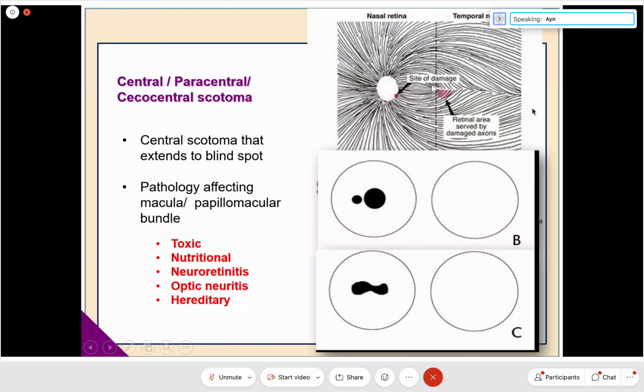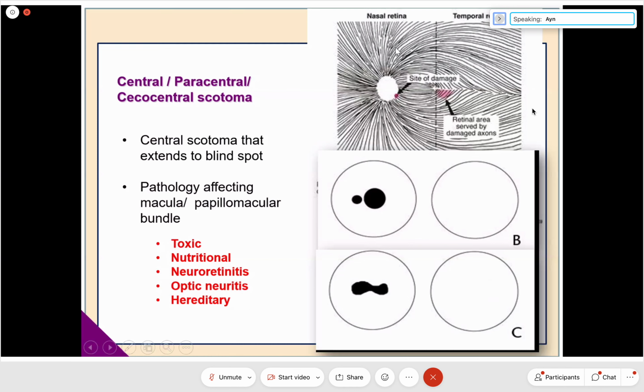I mean the RGC, the retinal ganglion cells, contain a lot of mitochondria, and in certain conditions it is a predisposed site of damage. So the patient might have a central scotoma like this, or paracentral. Paracentral means it doesn't involve the central fixation, but is next to it, within 10 degrees. Some patients also develop cecocentral, meaning it extends from the center to the blind spot.